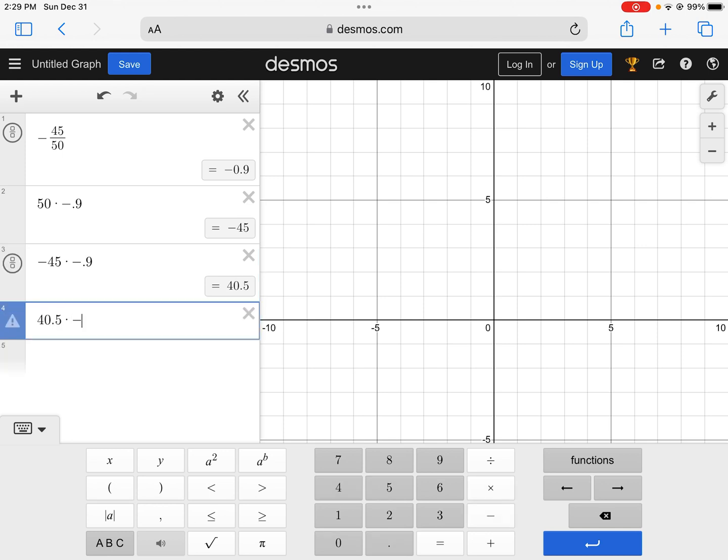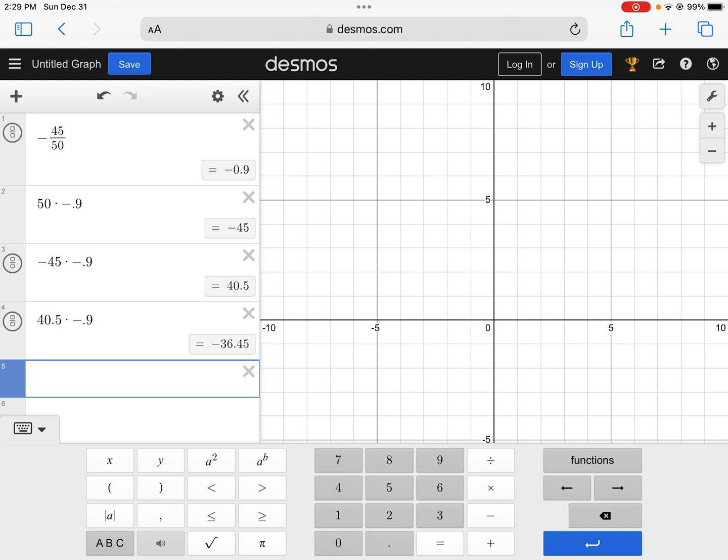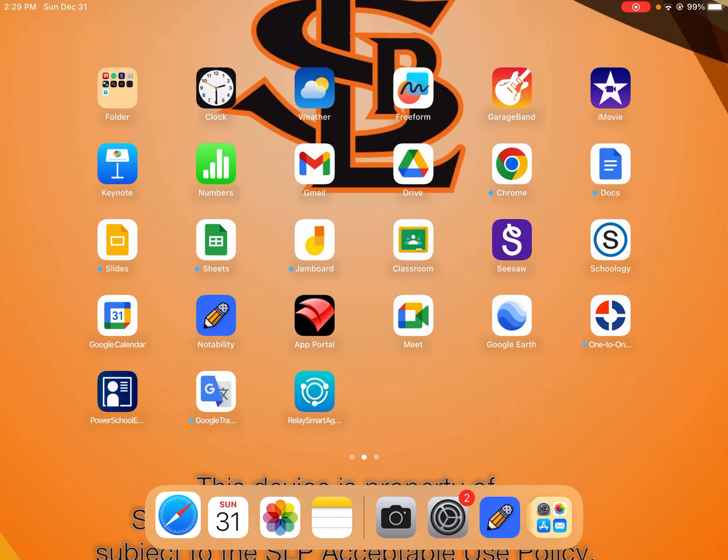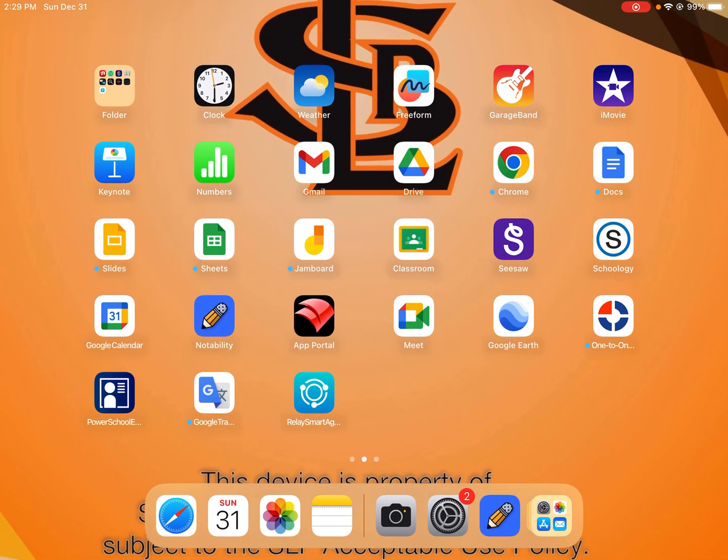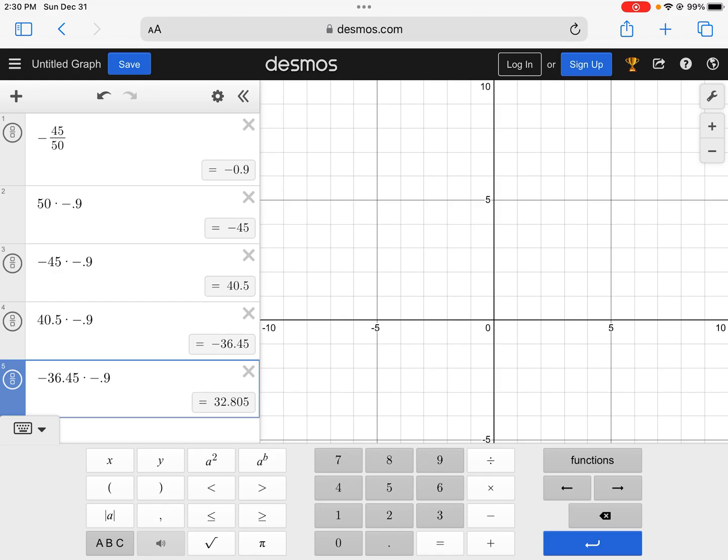So 40.5 times negative 0.9 is negative 36.45, and negative 36.45 times negative 0.9 is 32.805.